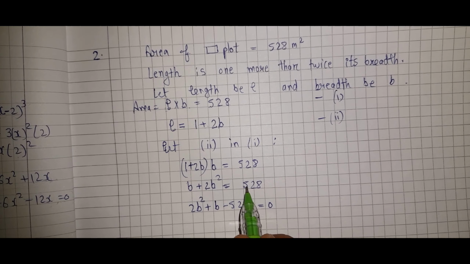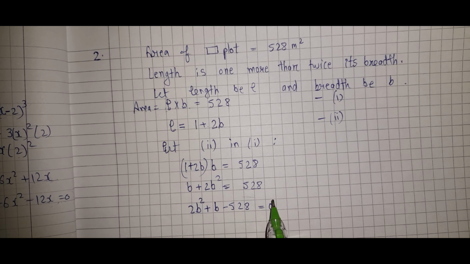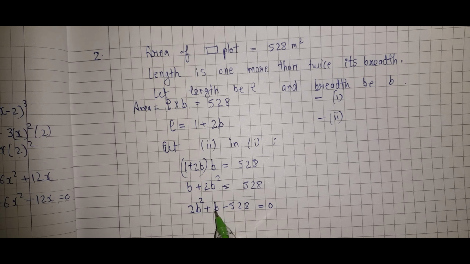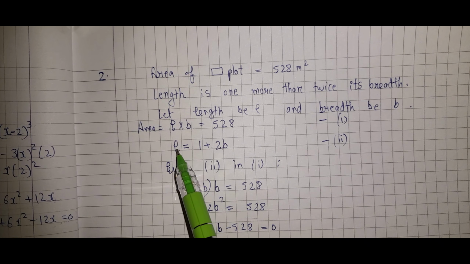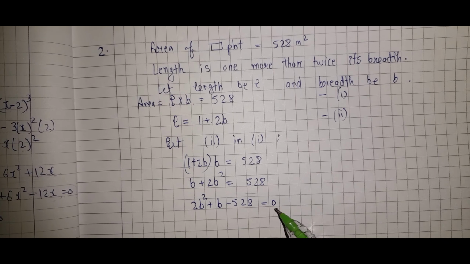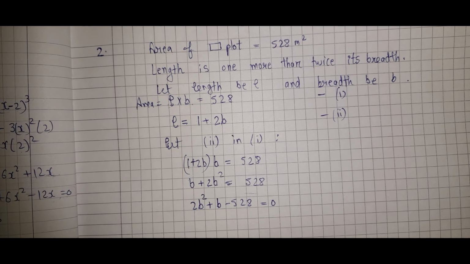After taking the right hand side to the left, we will have 2B square plus B minus 528 equals 0. This is our quadratic equation where B is the breadth. After solving this equation, we will get B, and after putting the value of B in the second one, we will get the value of L.